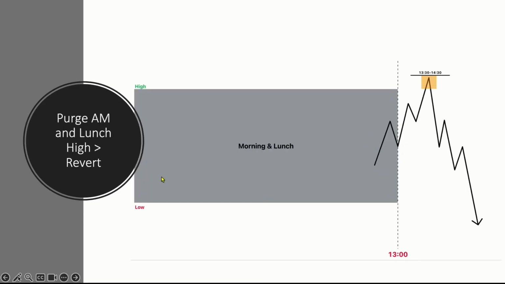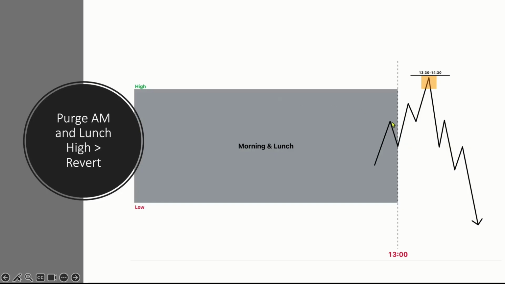If we take a look at the following scenario, we can see a purge of the AM and lunch high followed by a revert. This occurs when the morning session's high and the lunch session's high are relatively equal, or if the morning session's high was, for example, already taken out during the lunch cycle.